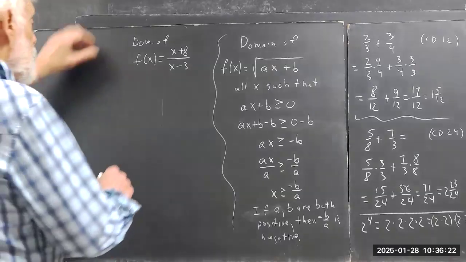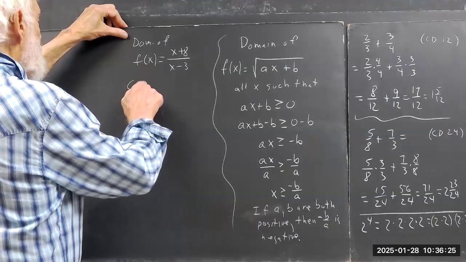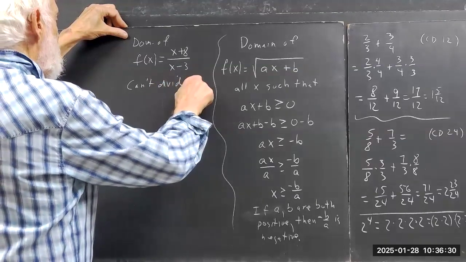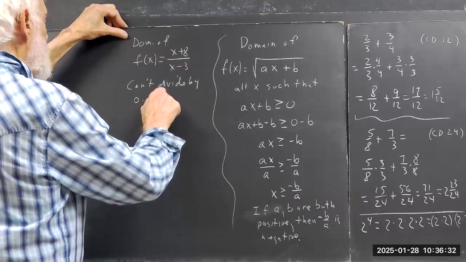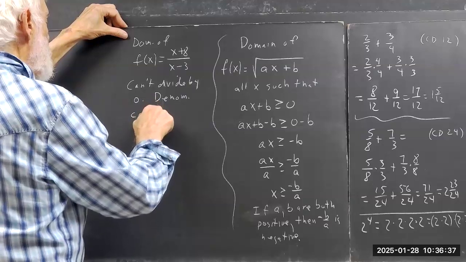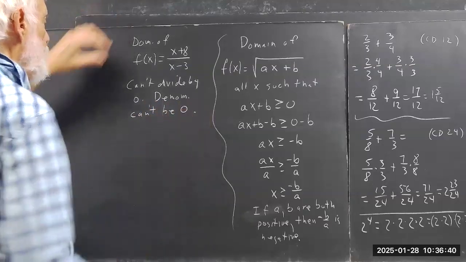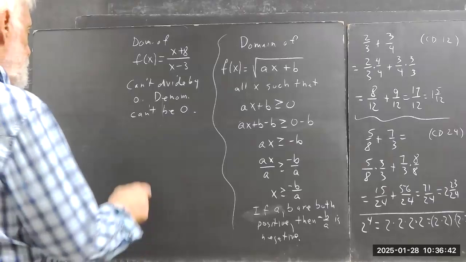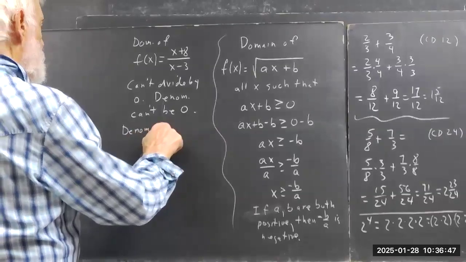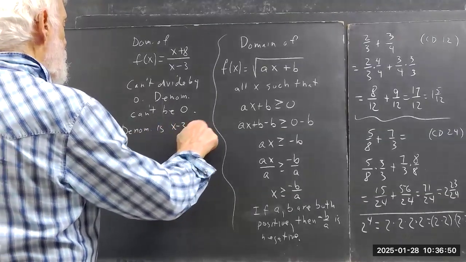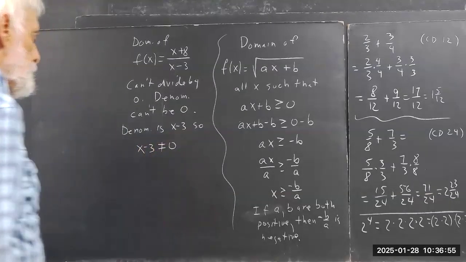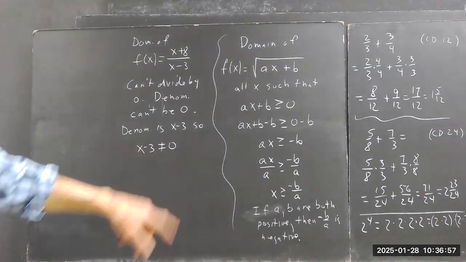Okay. So the denominator can't be 0. So you could write x minus 3 not equal to 0.